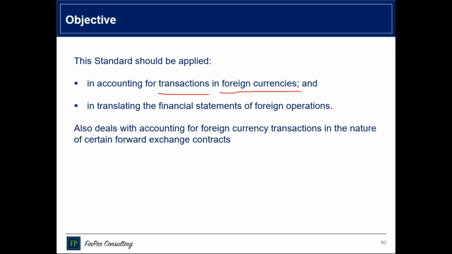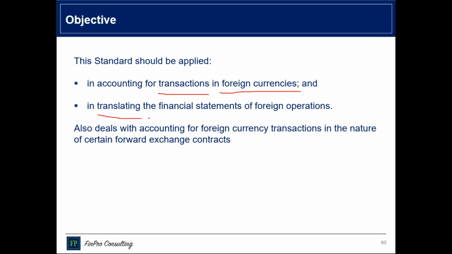So if any company is exporting their goods or services or importing any goods or services, or they have obtained any loan in a foreign currency like ECB, then how do you convert the foreign currency balances into your reporting or presentation currency. That is the first objective of this standard, prescribing accounting for such types of transactions.